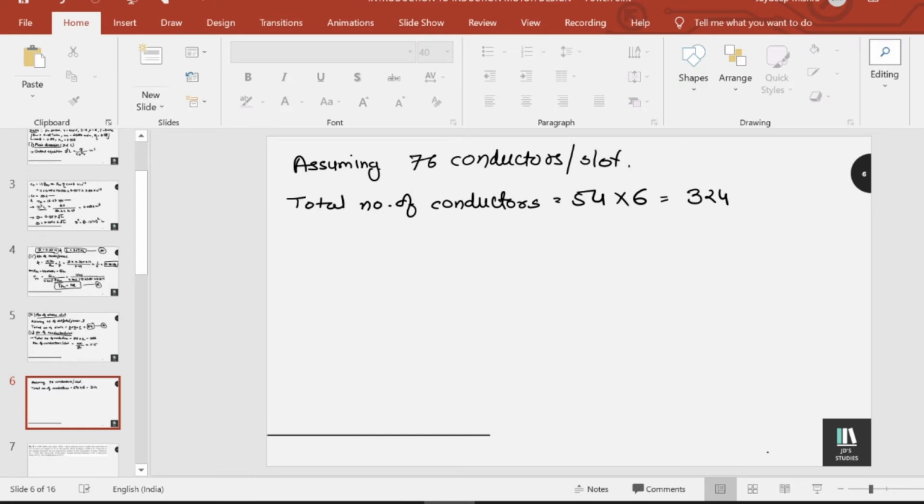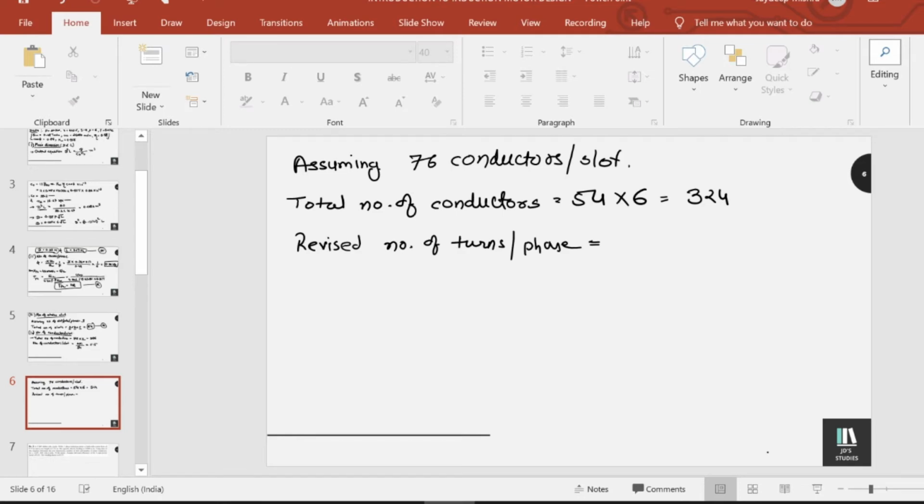So the revised number of turns per phase is 324 divided by the number of phases, that is 3.